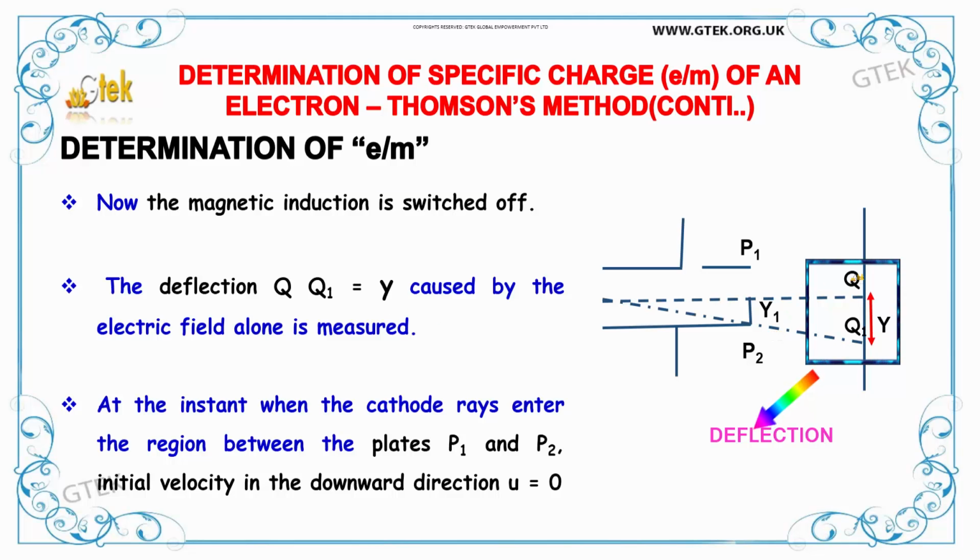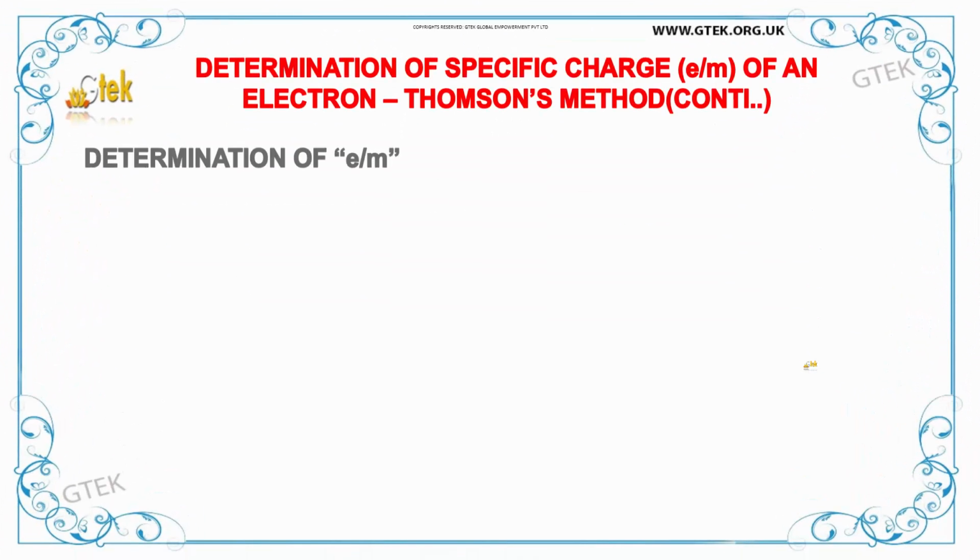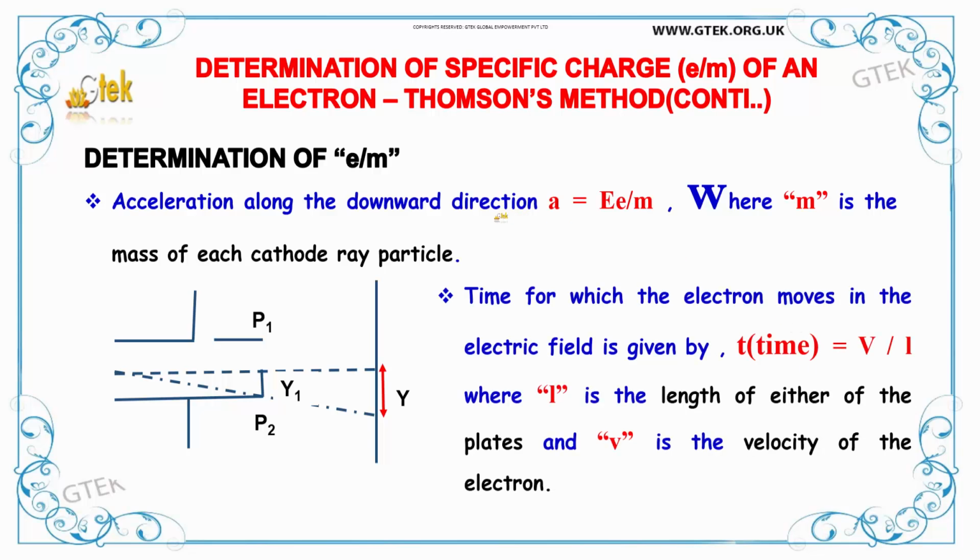The deflection Q Q1 equal to y1, which is caused by the electric field alone, is measured. At the instant when the cathode ray enters the region between plates P1 and P2, the initial velocity in the downward direction is u equal to 0. The acceleration along the downward direction a is equal to Ee divided by m, where m is the mass of each cathode ray particle.